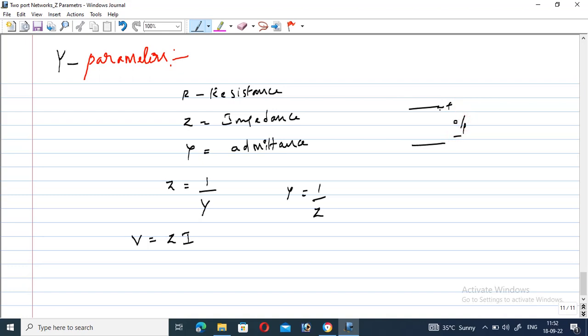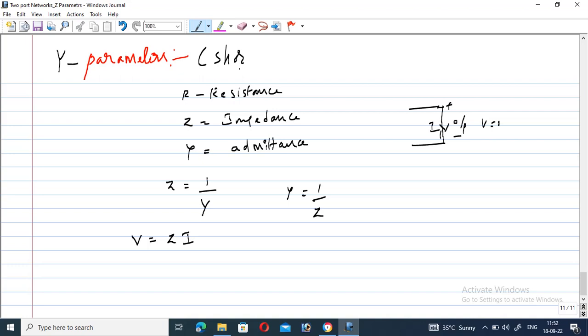If it is short circuited, only current is flowing and the voltage value is 0. That's why they are short circuit parameters. Y parameters are also called short circuit parameters.